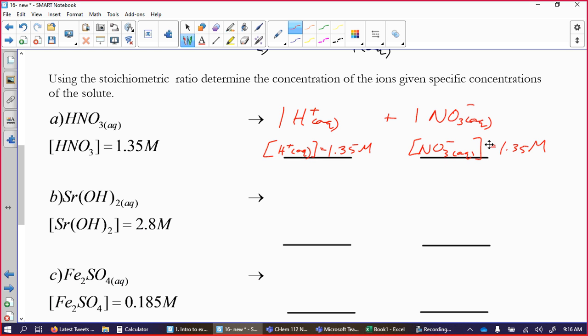Where this gets a little bit fun, strontium hydroxide goes to strontium 2 plus aqueous, but for every one of those you throw into a pail of water, you get 2 moles or 2 equivalents of hydroxide. So if the concentration of strontium hydroxide, the whole thing, there's a 1 there, there's a 1 here.